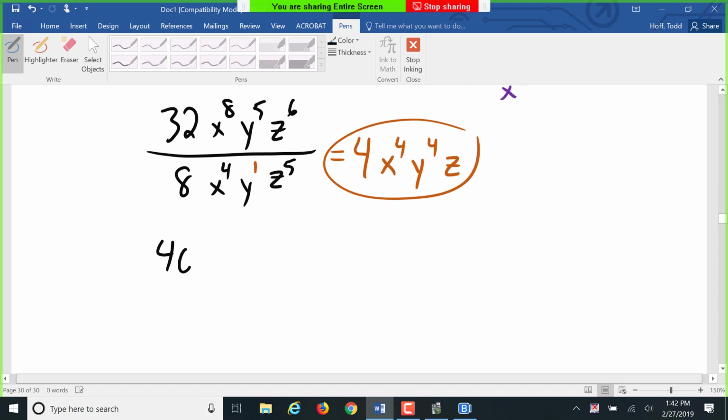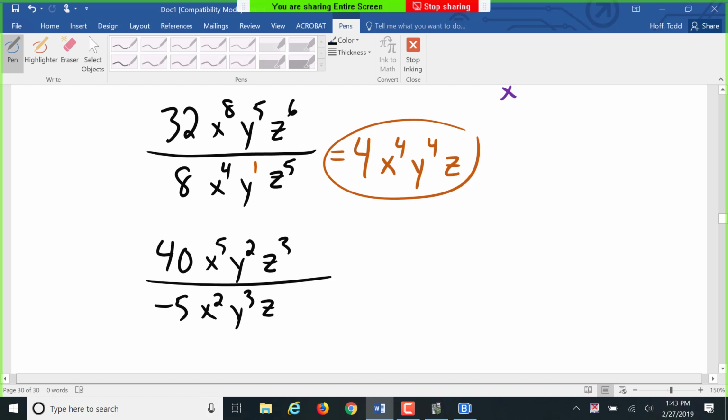We might have 40x to the 5th, y squared, z to the 3rd, divided by negative 5, x squared, y to the 3rd, z to the 5th. So we divide 40 divided by negative 5.